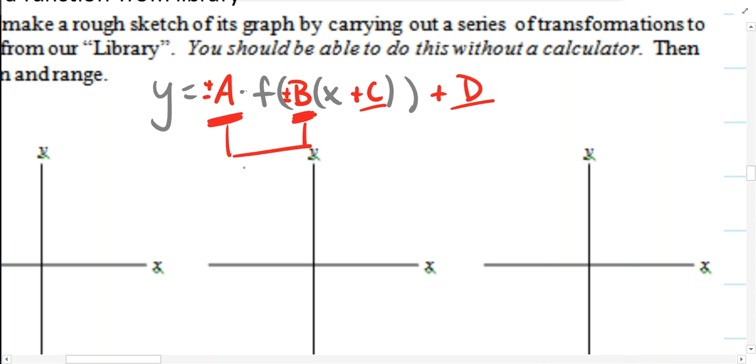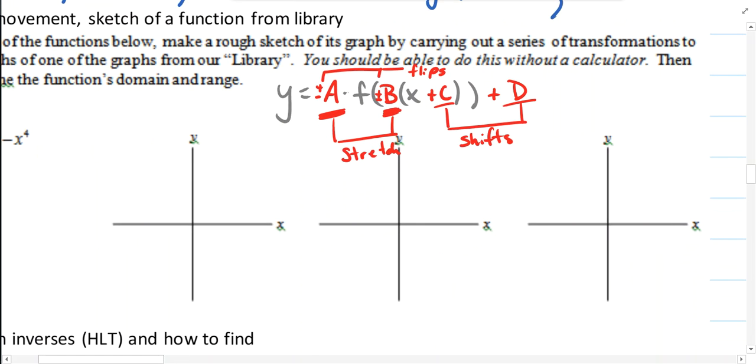These two affect the stretches of a graph, and these two, when added, affect the shifts of a graph. Whereas the negative signs in front of a and b affect the flips of a graph, or reflections.